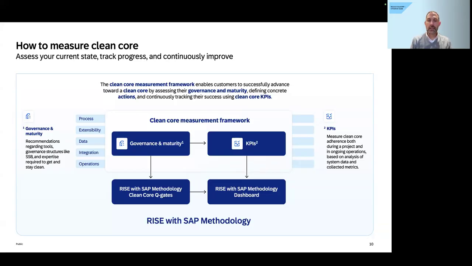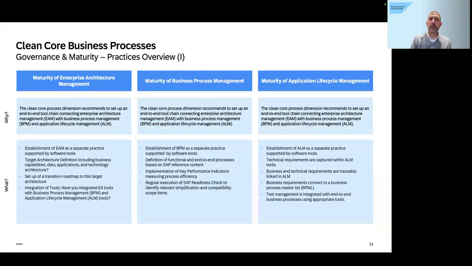The governance maturity that we show you, we will soon see as being part of the Clean Core Quality Gate framework as a deep dive version. Looking at the governance maturity side now, again a bit of a recap but also a deep dive, we'll look into these different practices: the maturity of enterprise architecture management and, second, the maturity of business process management.